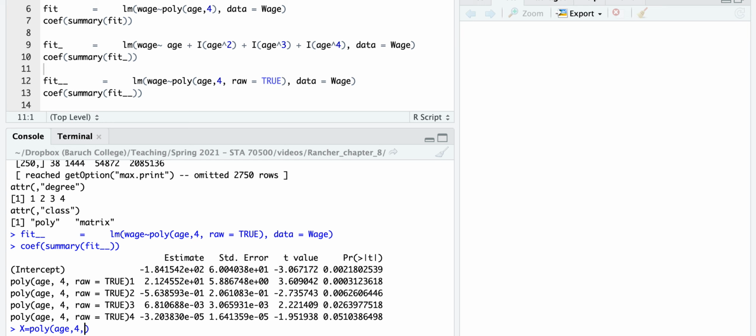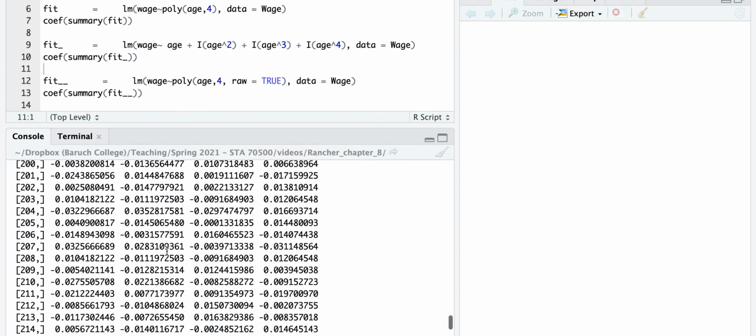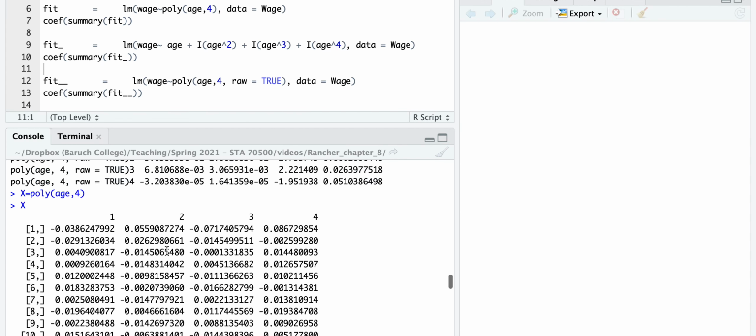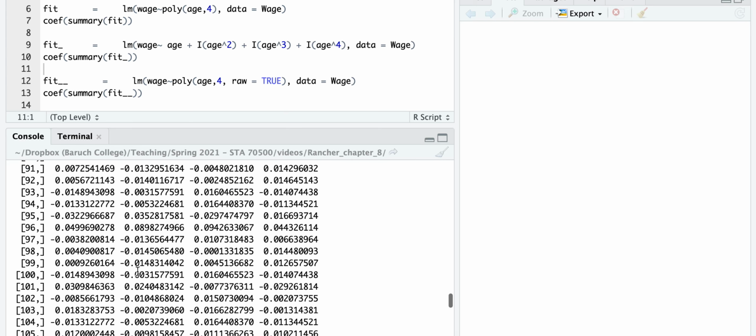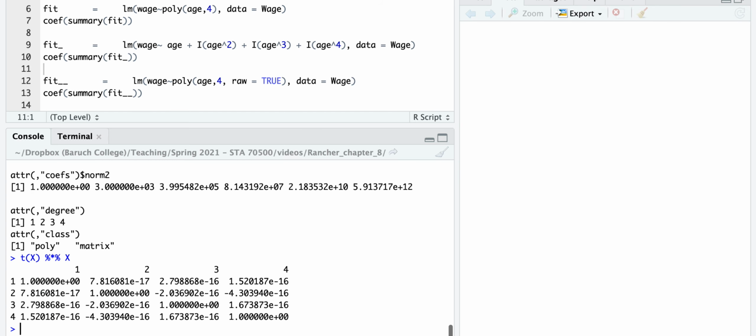Okay. Now, if we take this raw away, then first of all, the coefficients are standardized. Second, these columns are orthogonal. How can we see this? t(X) times X. You see, the off-diagonal terms are almost 0.